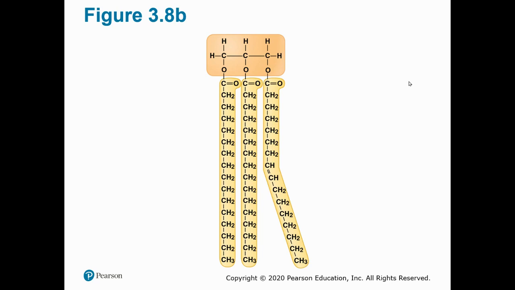And that together is a triglyceride. As you see, tri means 3. So 3 fatty acids, and the glyceride part in triglyceride tells you that there's a glycerol in there.